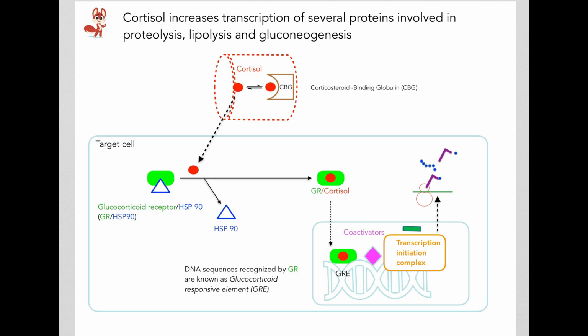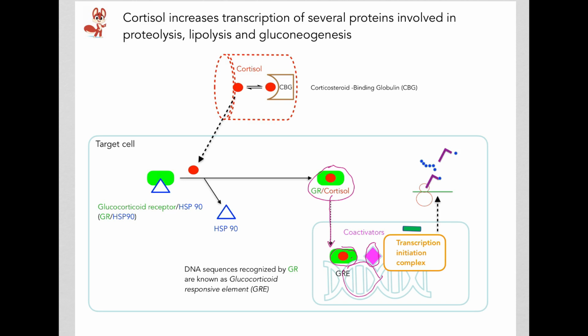Now this complex of cortisol bound to its receptor will enter the nucleus, and there it will bind DNA. With the help of other proteins such as coactivators, this will cause increased transcription.